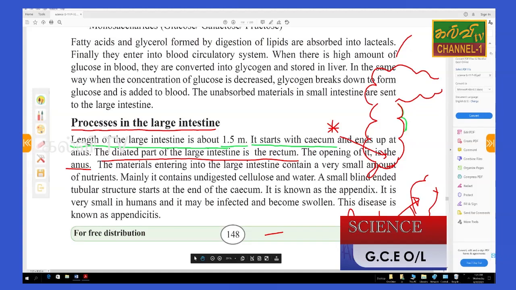The materials entering the large intestine contain very small amounts of nutrition. Why?